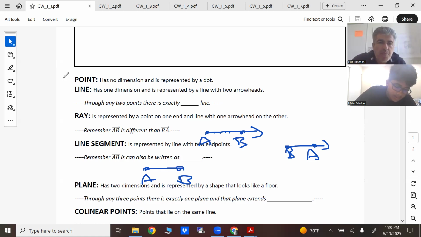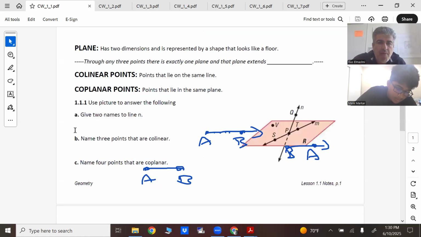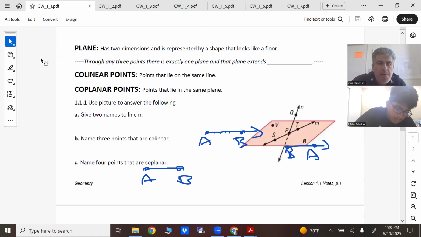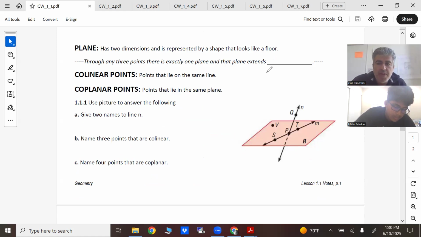Okay. A plane is like a piece of paper, but it extends forever. And as long as you have 3 points, you can form a plane. Like a triangle is a plane. A square is a plane.